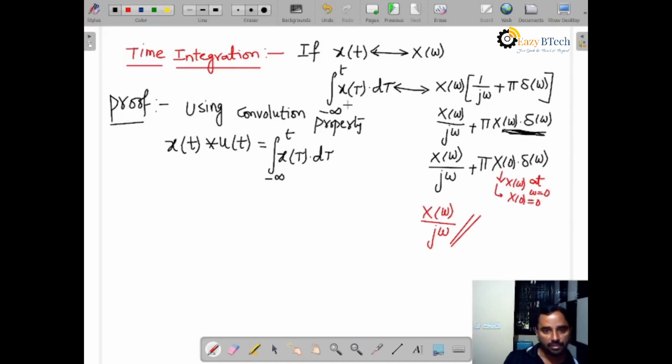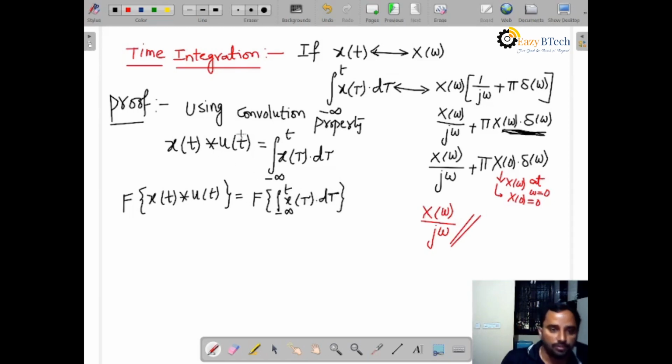So the integral we can write as x of t convolution u of t. If you apply the Fourier transform, the Fourier transform of x of t convolution u of t is equal to the Fourier transform of this integral from minus infinity to t of x of tau d tau. What is the convolution property?